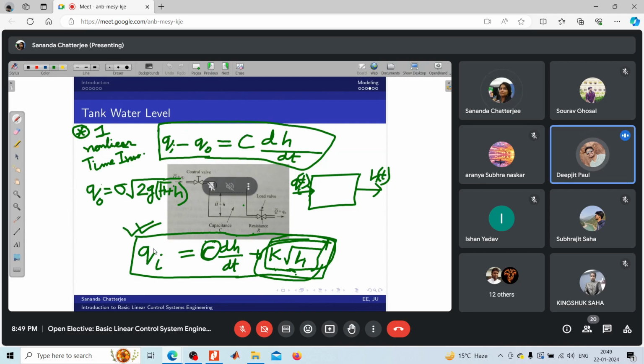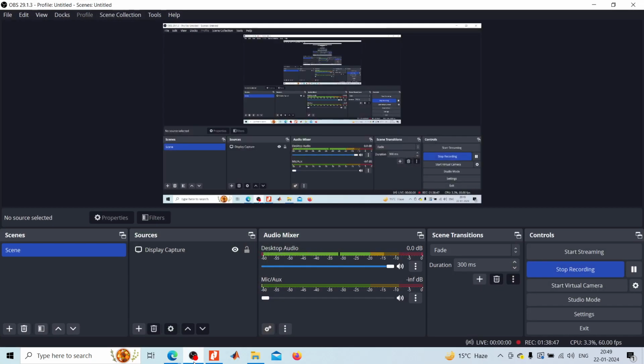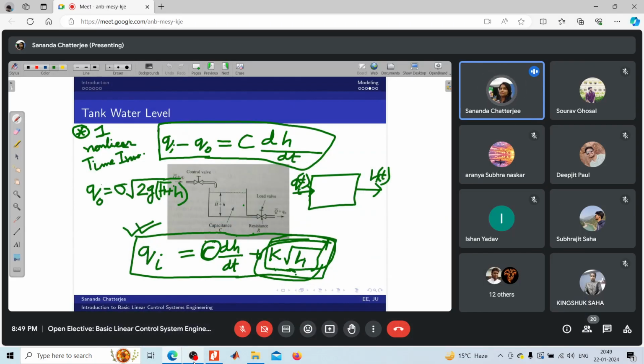Do you agree? Yes, ma'am. So now if you model any mechanical vehicle, for a bicycle there is no change in fuel, so the mass you have considered for the model will be constant throughout time.